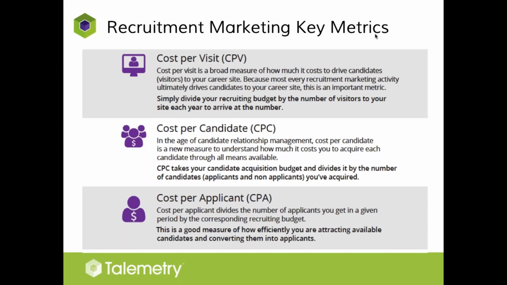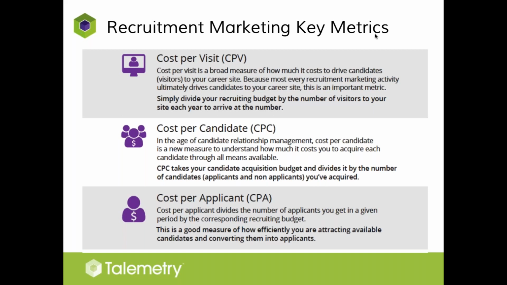Because applicants are going to go all the way through, so they will have been candidates at one point, and you just divide that number and you come up with your cost per candidate. If you all watch Shark Tank, it's like when they ask entrepreneurs who are selling online, what's your cost per acquisition? This is a really key metric in marketing in general, and so we need to see it from a recruitment marketing perspective.